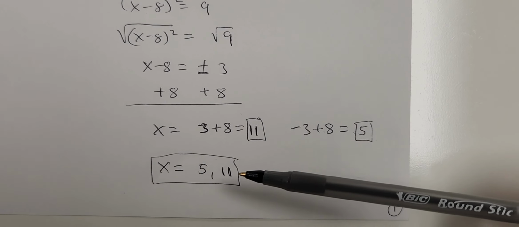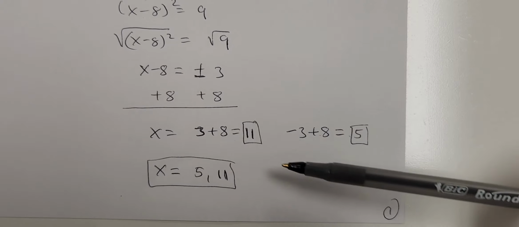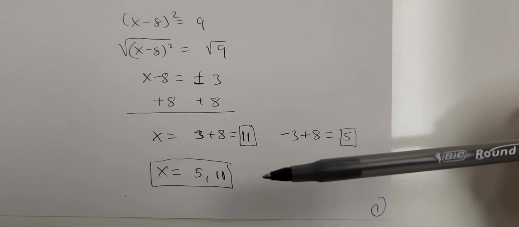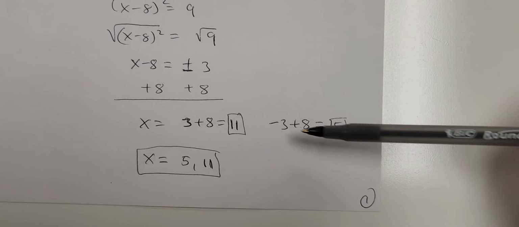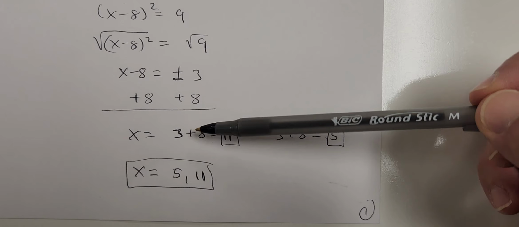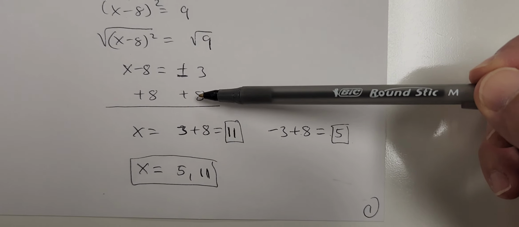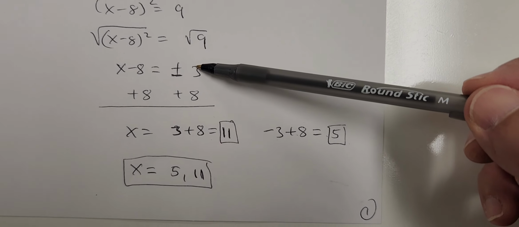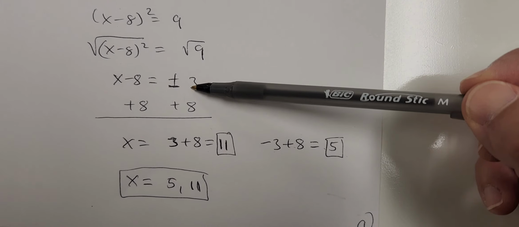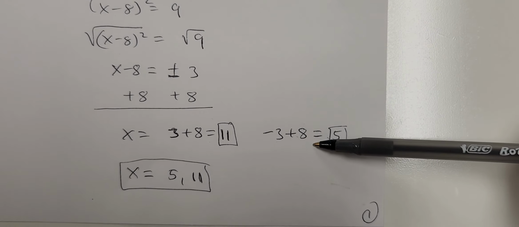And then after that, you're going to rewrite twice: positive 3 plus 8, and then negative 3 plus 8.